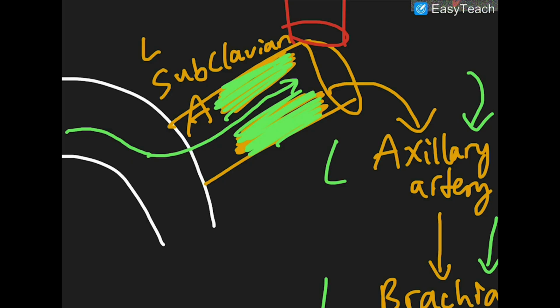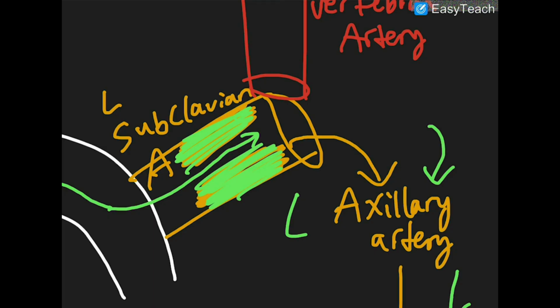Because you're not getting much blood to your left arm due to this narrowing in your left subclavian artery, you're going to have a low pressure due to the stenosis.